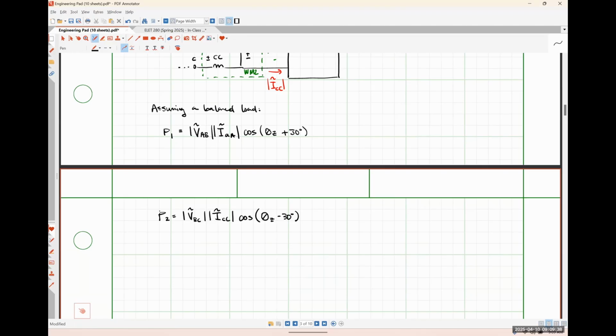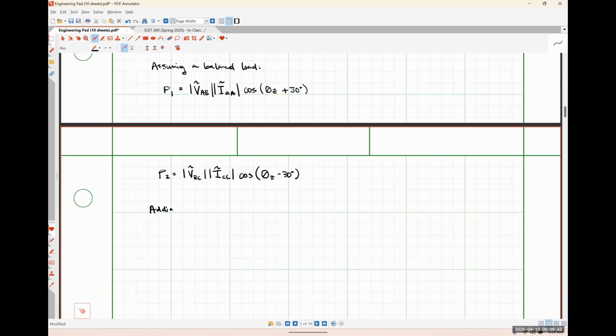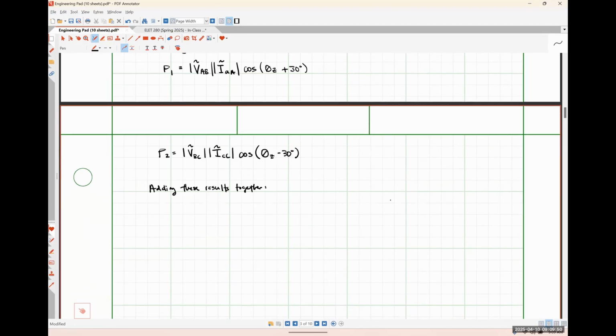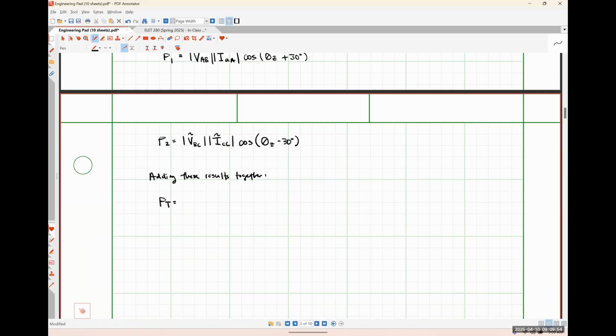So if we were to add these results together, what we would get is a total power, which I'm going to call P sub T. That is the magnitude of VAB times the magnitude of IAA cosine theta Z plus 30 degrees plus the magnitude of VBC times the magnitude of ICC cosine theta Z minus 30 degrees.